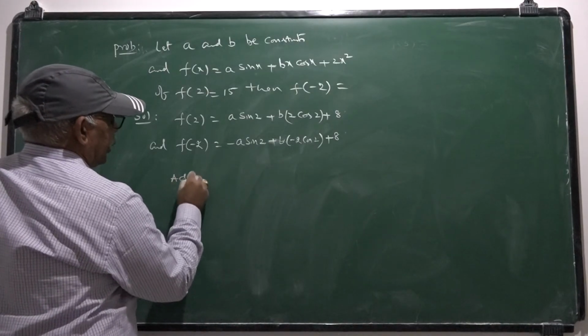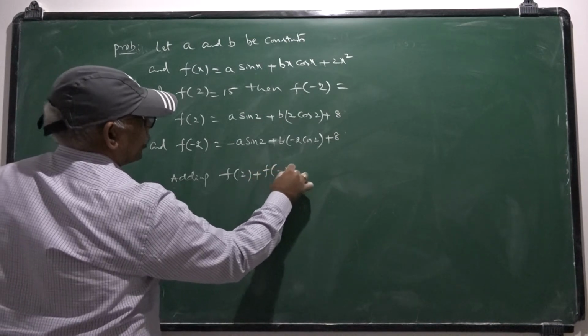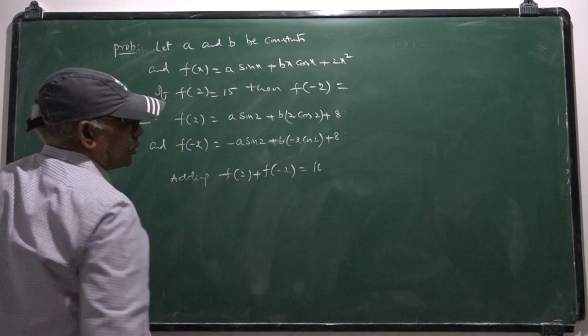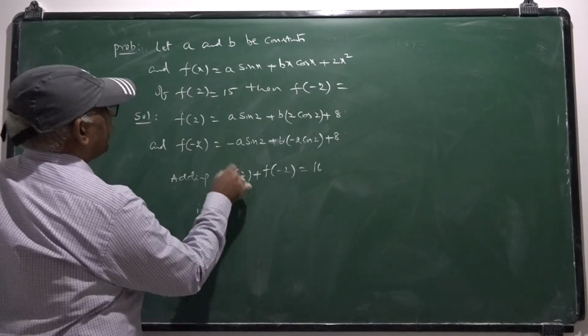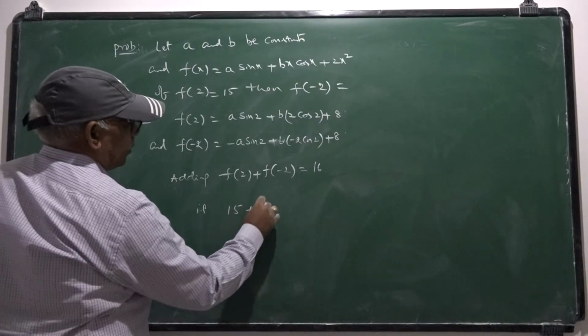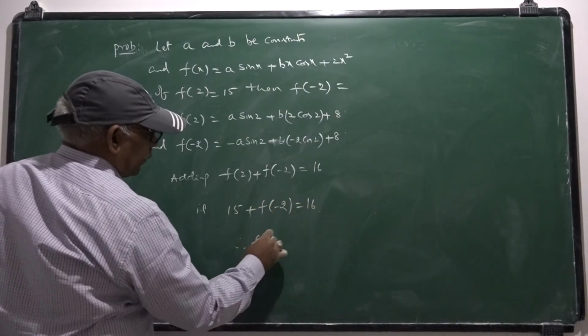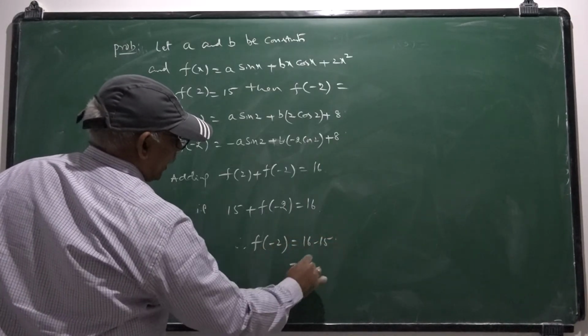So adding these two, f of 2 plus f of minus 2 equal to 16. You can remove these terms. That gives us f of 2 is 15 plus f of minus 2 is 16. Hence f of minus 2 is 16 minus 15, 1.